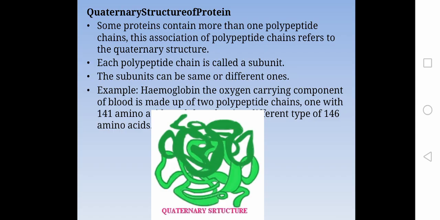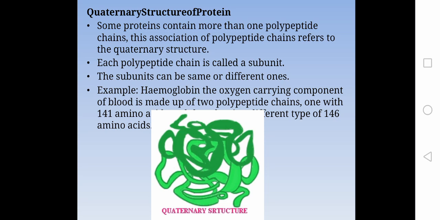Quaternary structure of protein. Only some proteins contain more than one polypeptide chain. This association of polypeptide chains refers to the quaternary structure. Each polypeptide chain is called a subunit. The subunits can be the same or different ones.